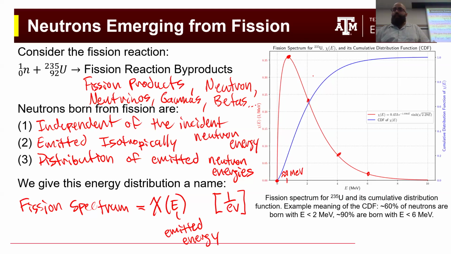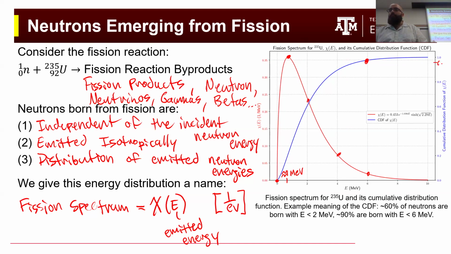So like if we look at this distribution up to, this is a good number to pick because it's on our axis. Oh, and I'm looking at the wrong side. If we think about 0 to 6 MeV, this distribution is pretty close to its maximum. It looks like it's about 0.9.